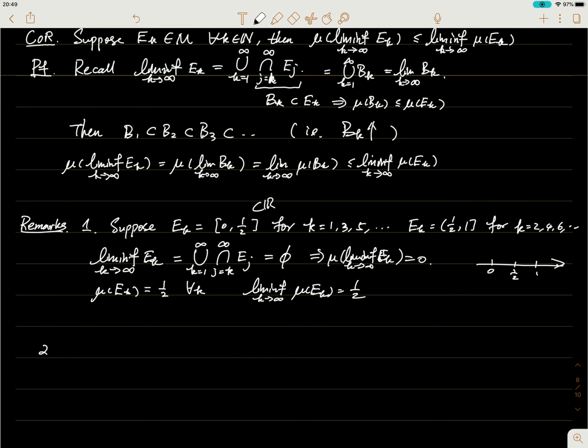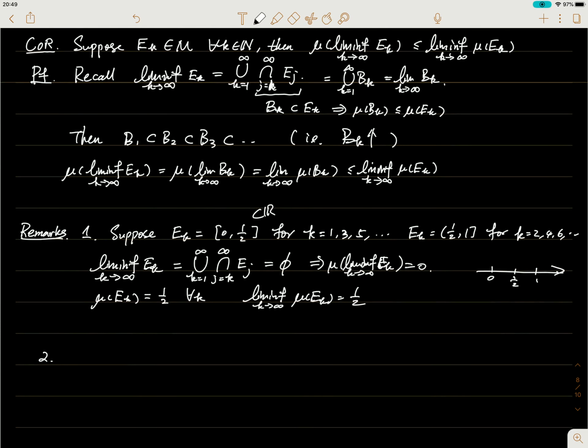Okay, so that's the first remark I want to make. The second remark is that if you are working with the upper limit instead of the lower limit, we can have something similar. However, we must have boundedness on one side. So if all those Ek's are bounded, or they have finite measure, an easy way to show that is to have all the Ek's contained in some set E, and this set E has a finite measure.